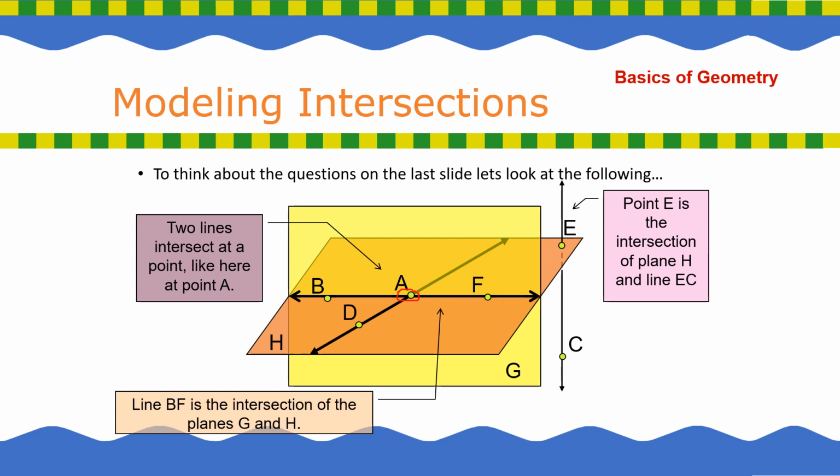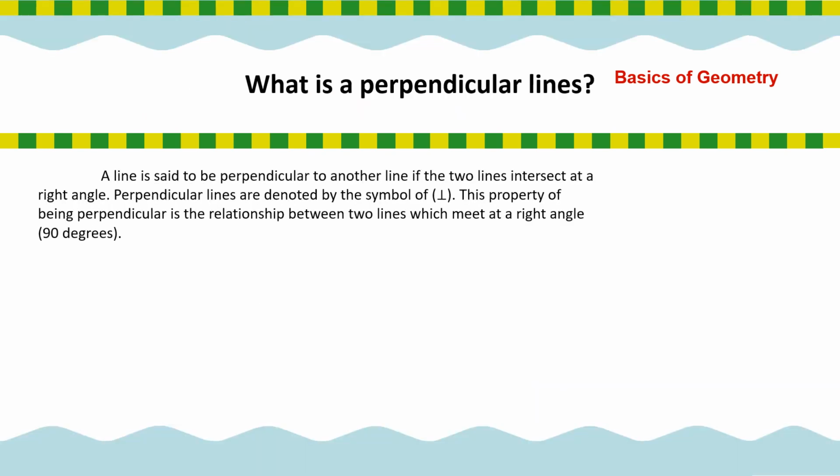So we have the plane and the line. And we have here point E is the intersection of plane H and the plane AC. Now what are perpendicular lines?